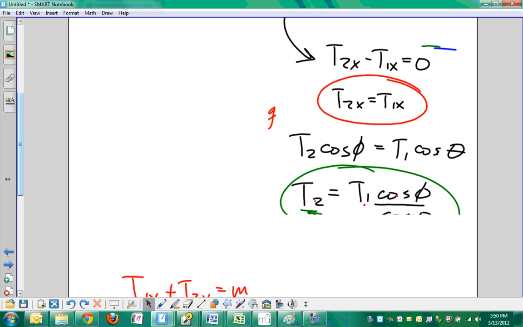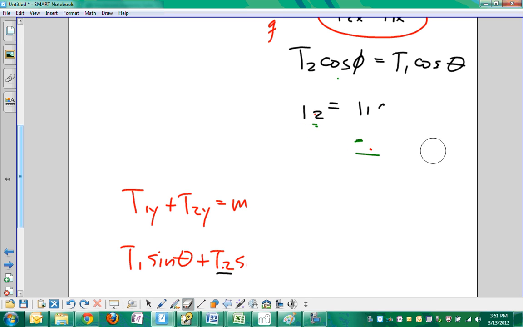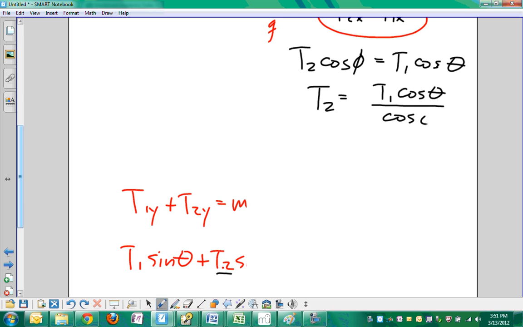Now, putting those two things together, we can easily see, just by simple algebraic manipulation, that T2 is equal to T1 cosine theta over cosine phi. We just divided each side by cosine phi.